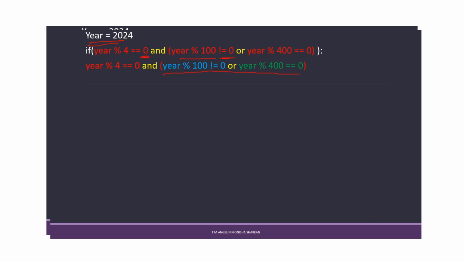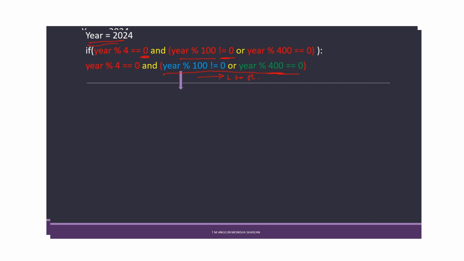So inside the bracket, we have two statements: one is divided by 100 and another is divided by 400. First we are going to solve the divided by 100, as the associativity rule states that it has to be solved from left to right.